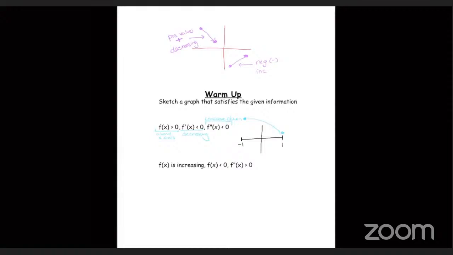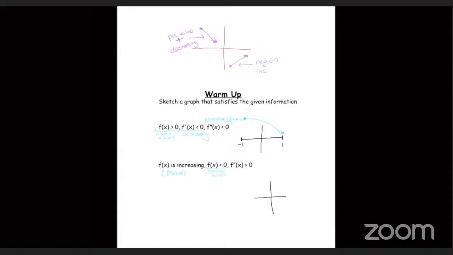So let's do another example with slightly different information. Okay, so f is increasing, they can tell us that, and that would be similar to f prime of x greater than 0, right? Increasing. And that f of x is less than 0. So if our function is less than 0, that means it'll all be drawn below the x-axis.